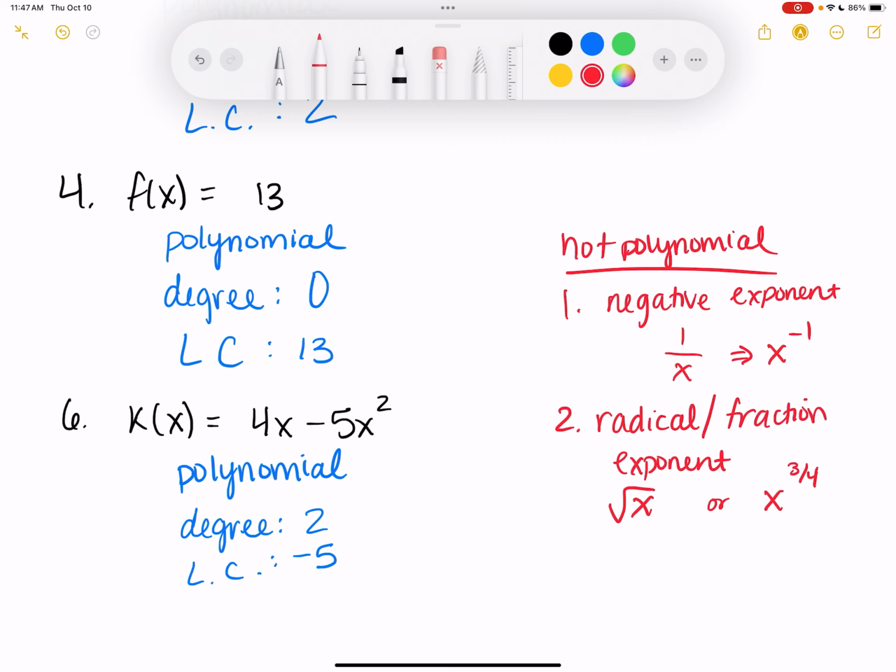Let's go over the degree stuff. Degree is whatever power is on x. I just didn't understand why the degree was 0. Why was it a polynomial? Because it doesn't have one of these two things.